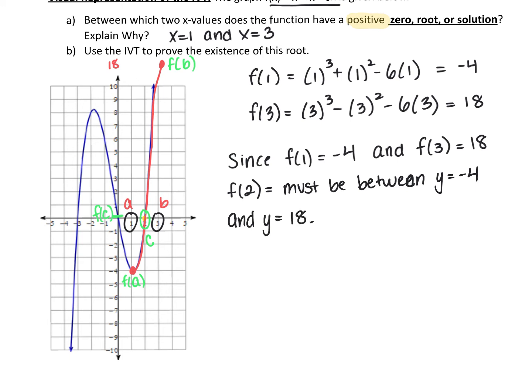The y value, f of c, or f of 2, is 0. So we could even say that f of 2 equals 0 must be between y equals -4 and y equals 18.